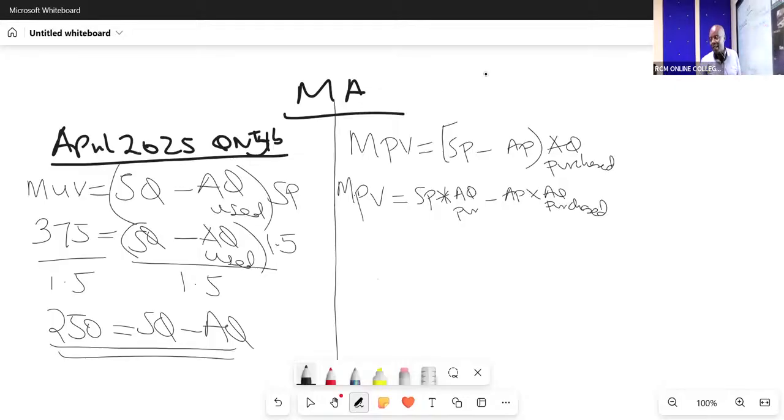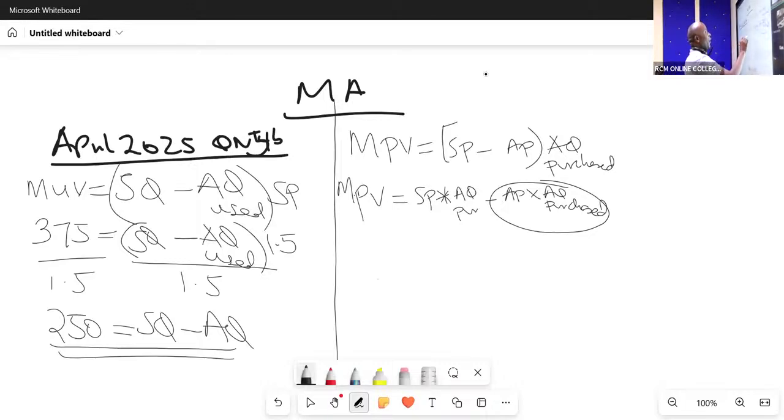Is that okay? Can somebody give me the name of this? Please give me the name of that. When you take actual price per kilogram times actual quantity, you get actual material cost. I can write this very well.